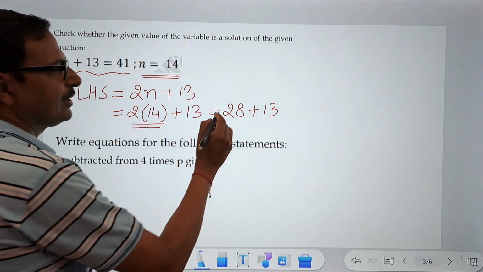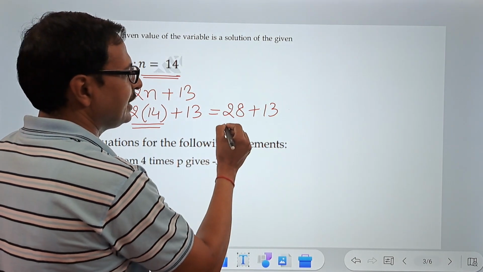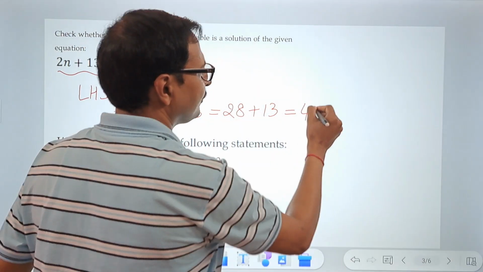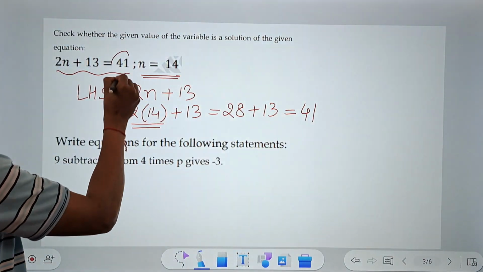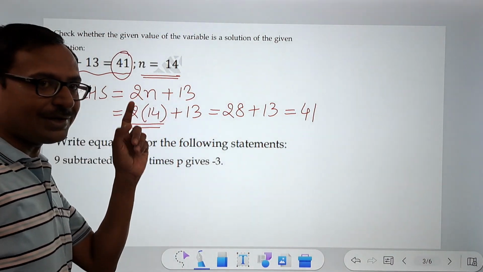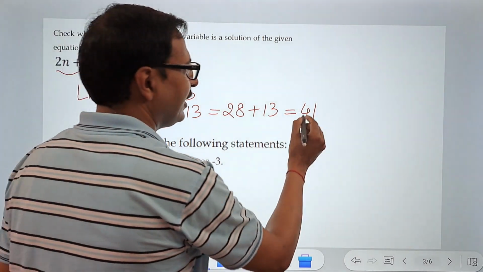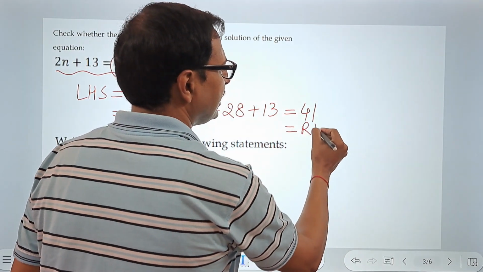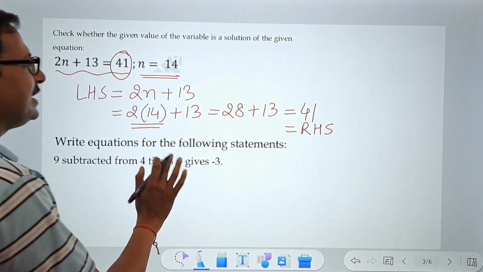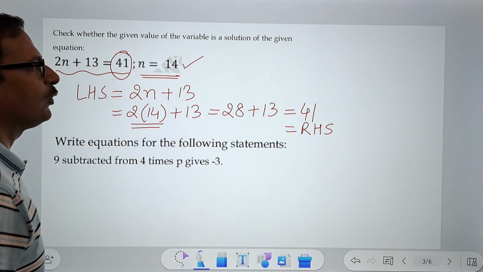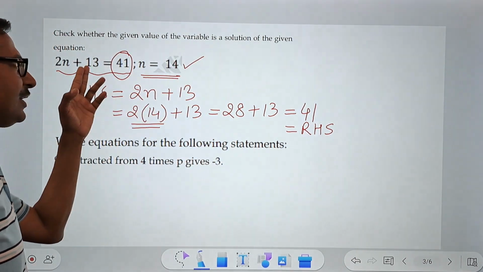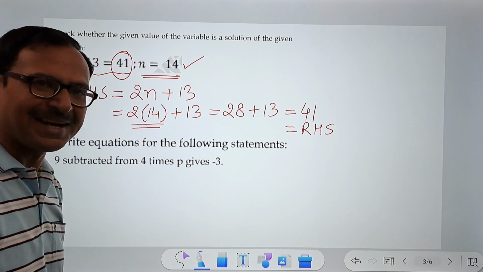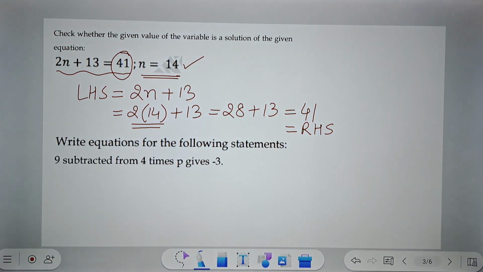In this case, 13 plus 28 is 41. So have we obtained the right hand side? Look at the right hand side of the equation. It is exactly 41. And when you obtain the right hand side of the equation, then it means that this value n equal to 14 is a solution of the given equation. Very easy, right? Let's see another one.